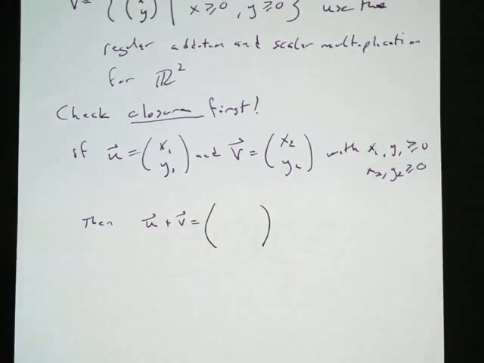You get a vector with 2 things in it, right? I'm adding 2 vectors. What should the entries in this vector be?